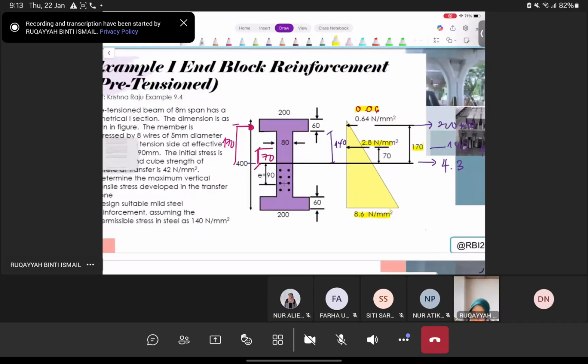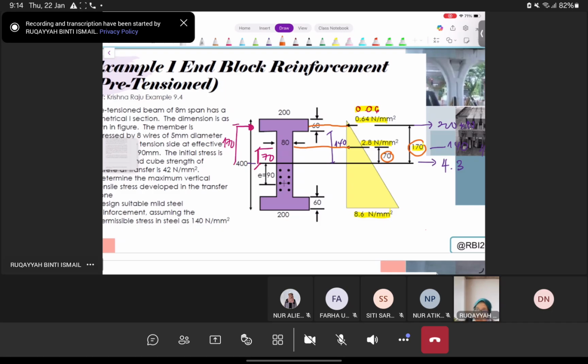So 0.64 will be at this particular area. These forces, or this stress, happen at the center part of your flange, for example 0.64. Okay, 2.8 happens at the center part of your web. So the distance for 0.64 is 170, and this one will have 70.